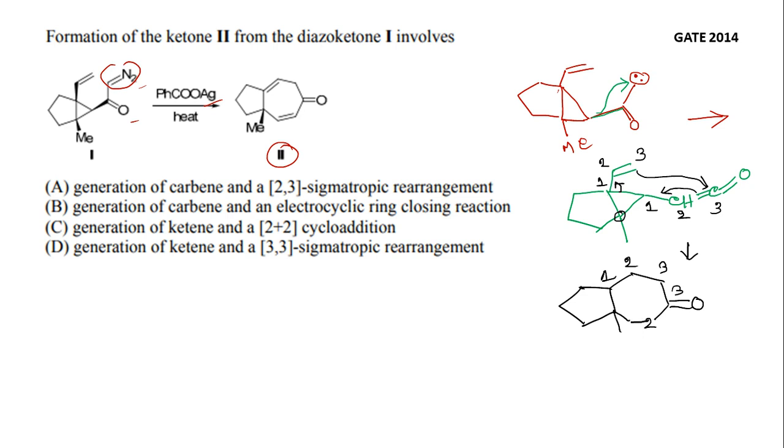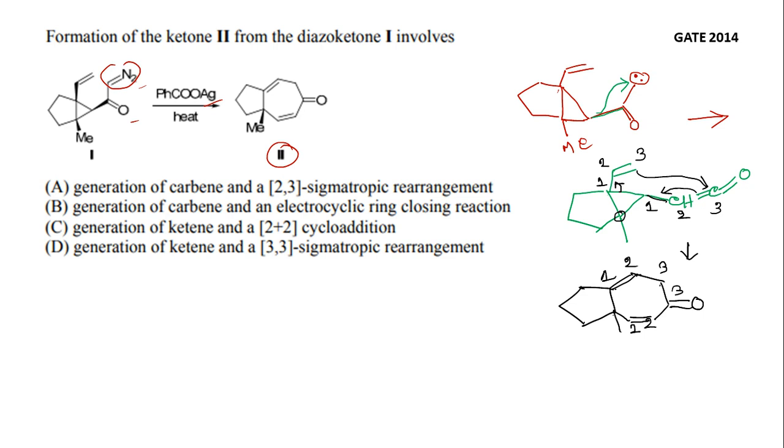So it will be like this. So 1, 2, 3, 4, 5, 6, 7. So there are a total of 7. Now between the 1 and 2 positions there is a CC double bond, and between these two there is a double bond. So now it is matching with the structure that is given in the question, right?